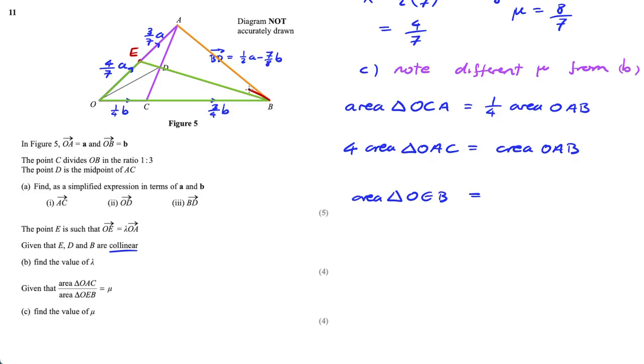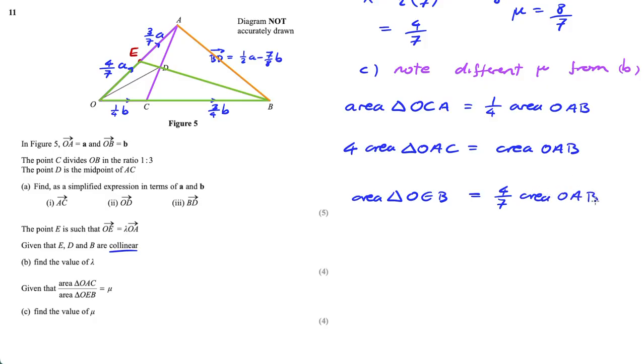It's the perpendicular height, guys, but we're just dealing with ratios, so it's still going to be that height for both of them because it's that point. So OEB, well, how much smaller is the base than this guy? We know it's 4/7 because lambda is 4/7. So this guy's area is going to be 4/7 of the area of the big triangle, which is OAB.